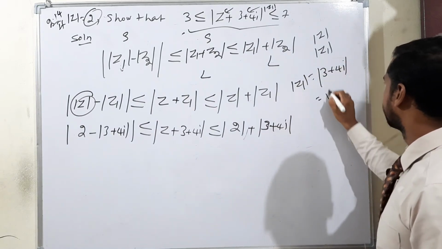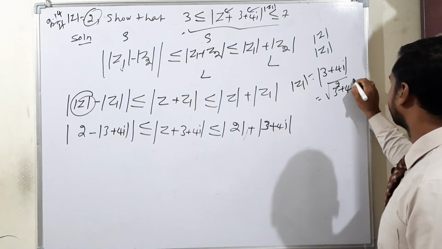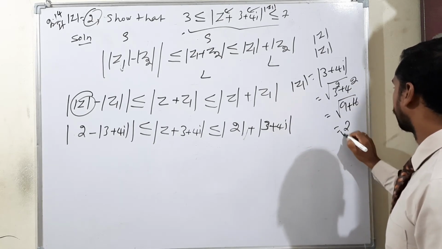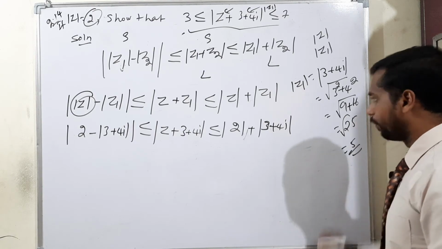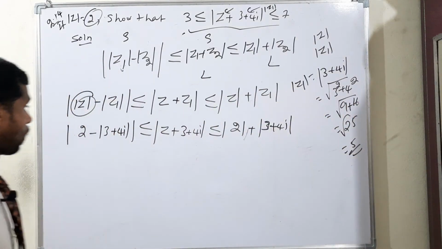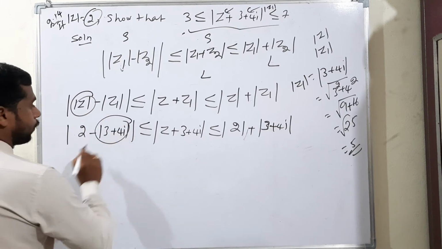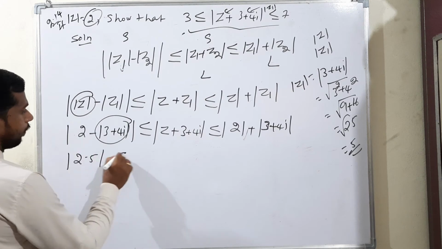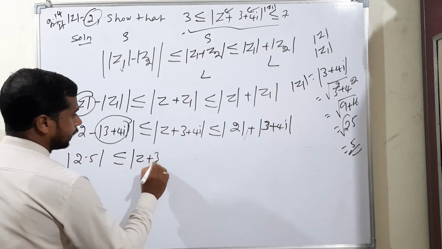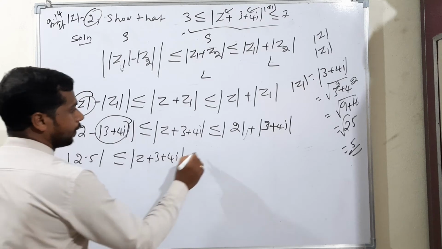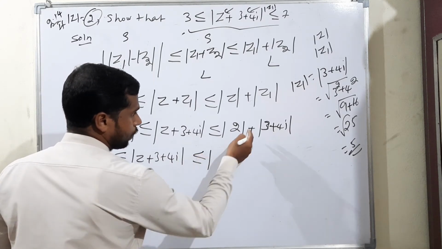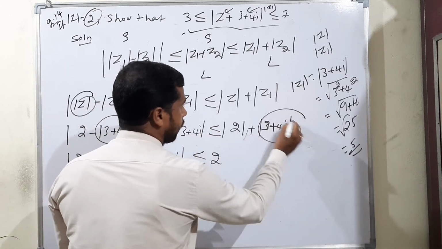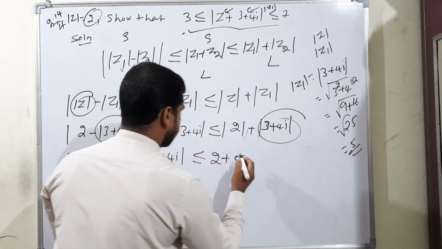This is a modulus term, so removing the modulus means 3 square plus 4 square, so 9 plus 16. Definitely the square root of 25 means the value will be 5, isn't it? So instead of this modulus term, we can write directly 5. So 2 minus 5 is less than or equal to modulus of Z plus 3 plus 4i, which is less than or equal to 2 plus 5.